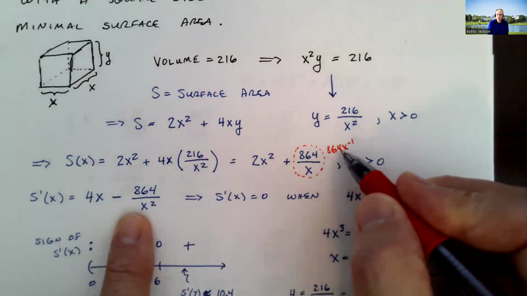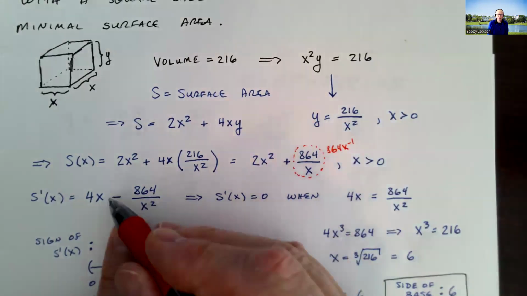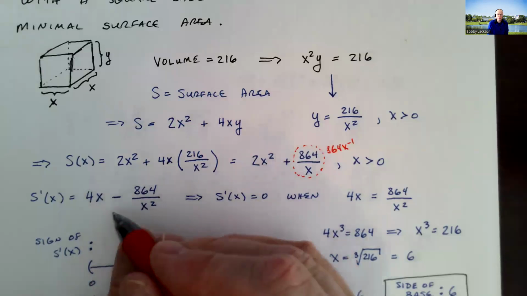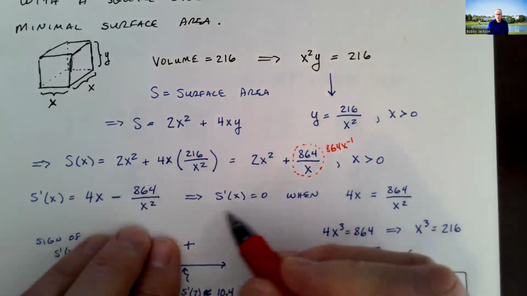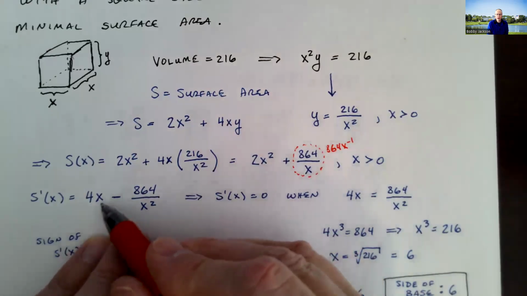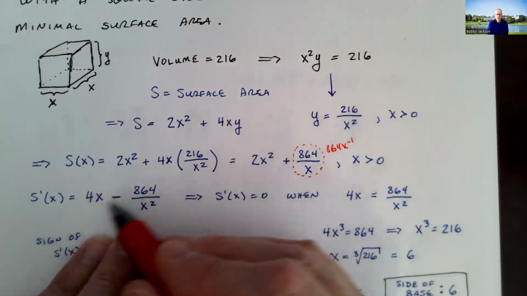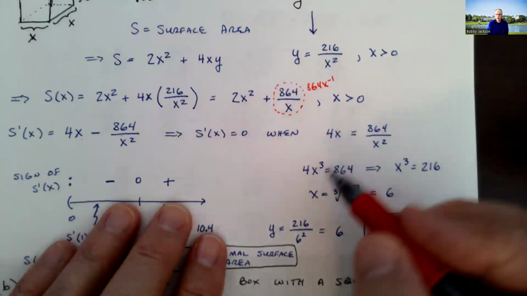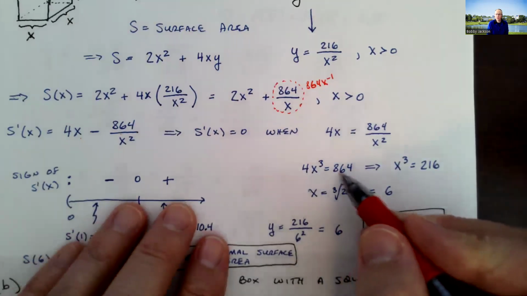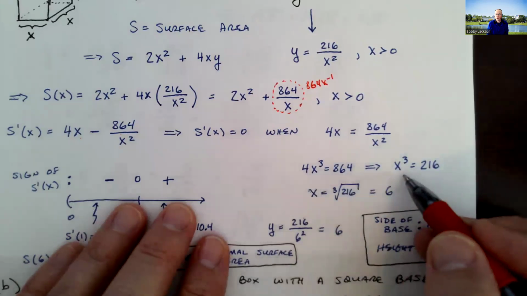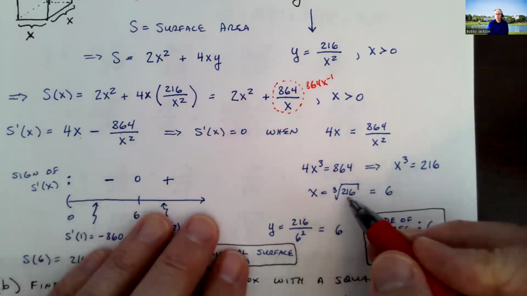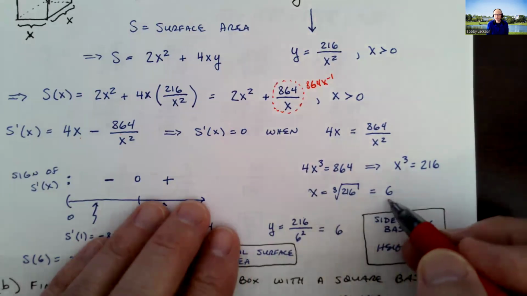So negative 864 x to the negative 2 is negative 864 divided by x squared. So there's my derivative. This is going to be 0, I hope you see, when 4x is equal to this fraction. When these are equal, their difference will be 0. Multiply by x squared, I get 4x cubed equals 864. Divide both sides by 4, x cubed equals 216. And then take the cube root to solve for x. And the cube root of 216 is just 6.